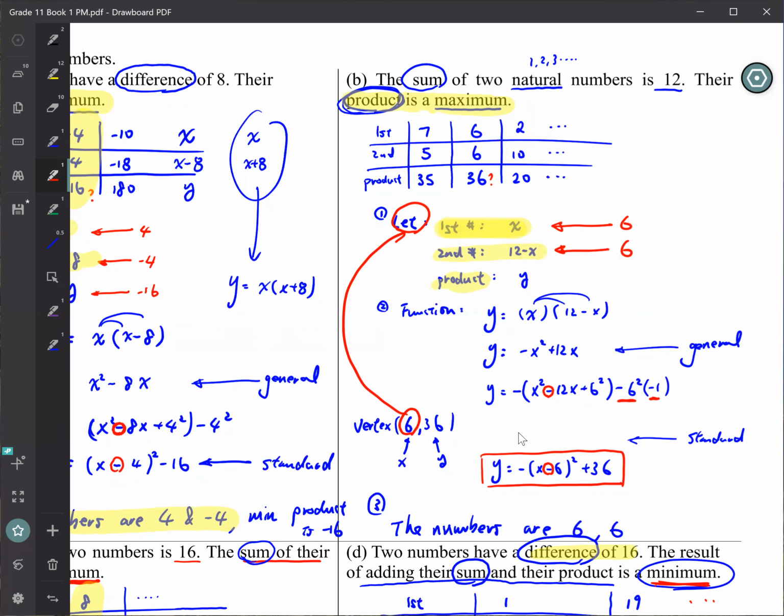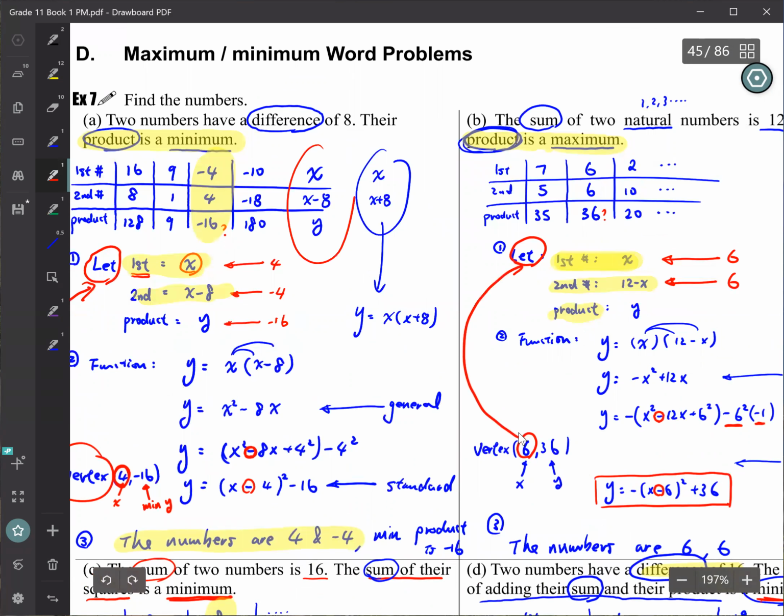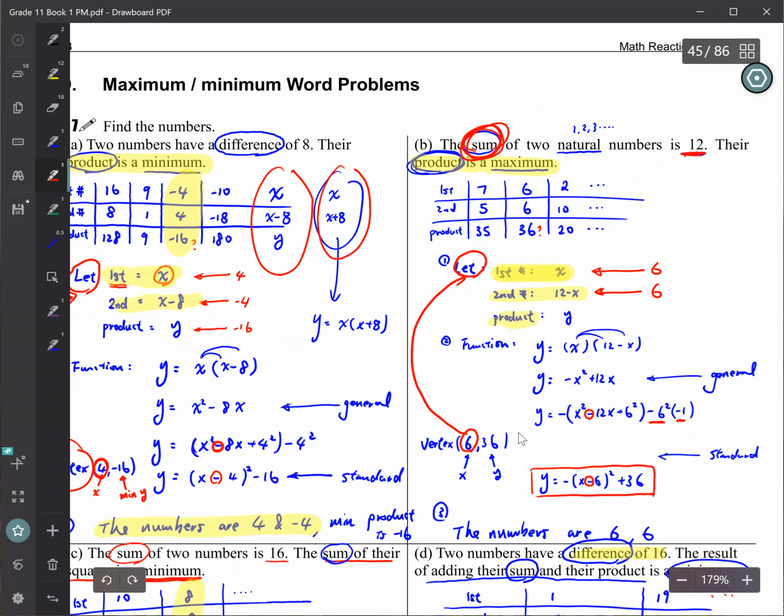If it's difference, you have two options: you either use x minus 8 or x plus 8. But for sum, for question B, it says sum of 12, so you have to use 12 minus x. You cannot use 12 plus x.